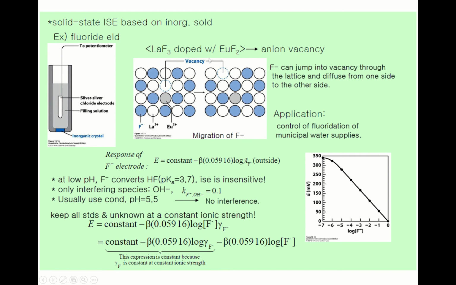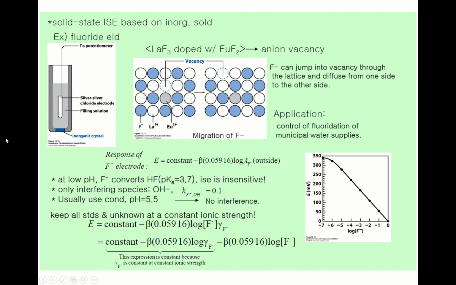But when it is doped with europium fluoride, the europium ion has a 2 plus charge, so there will be a vacancy in the lanthanum fluoride crystal because of the doped europium. Since this vacancy is there, the fluoride ion moves inside the lanthanum fluoride crystal.